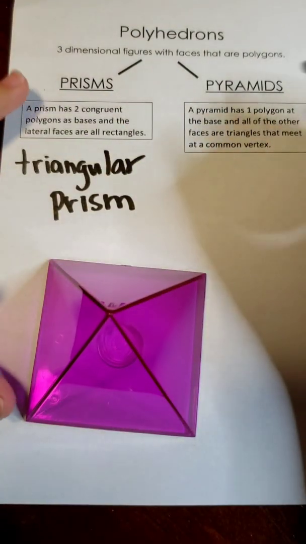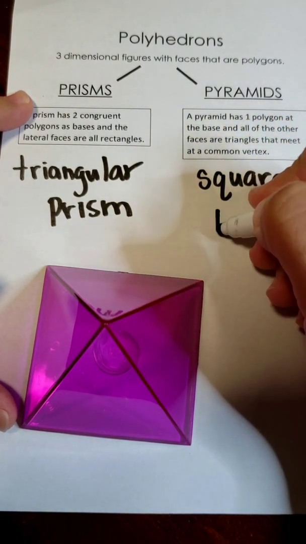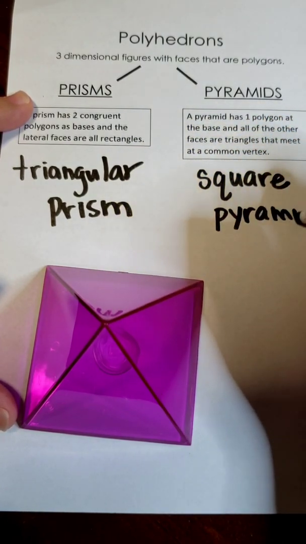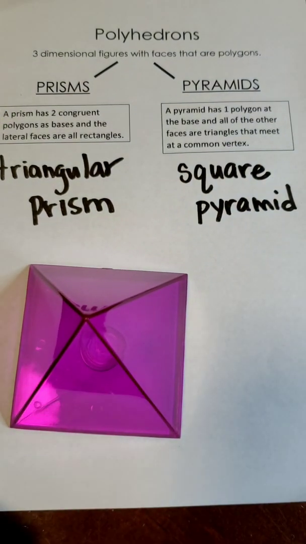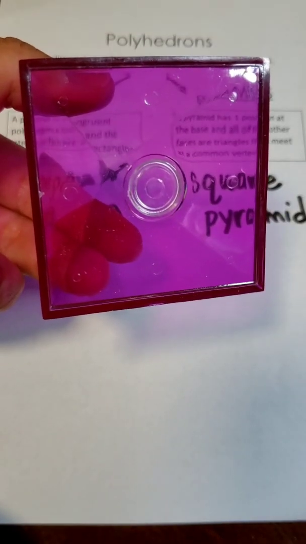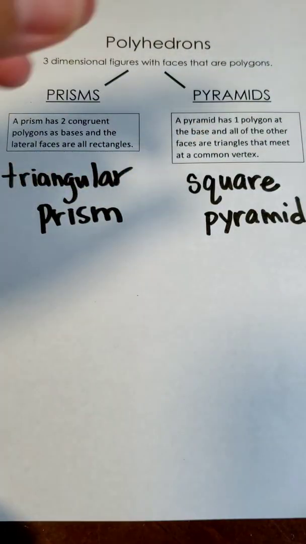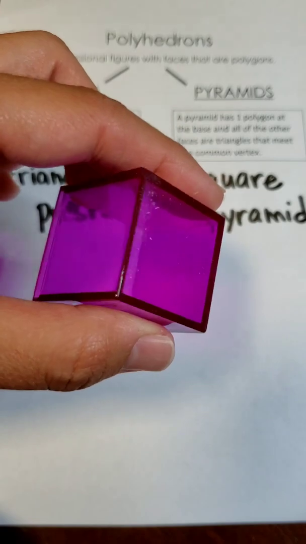So my pyramid is going to be a square pyramid, because this is a pyramid. So the name of the polyhedrons, whether it's a prism or a pyramid, comes from the shape of its base.